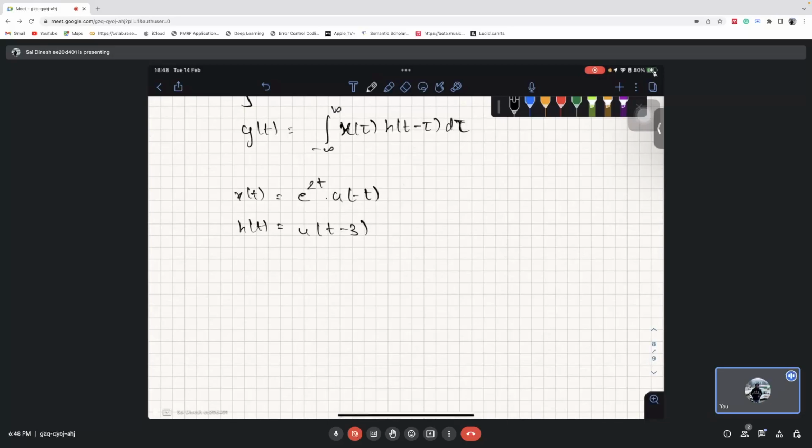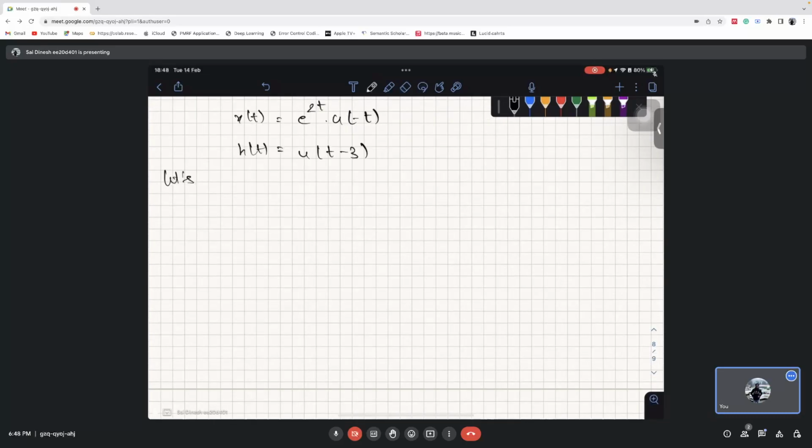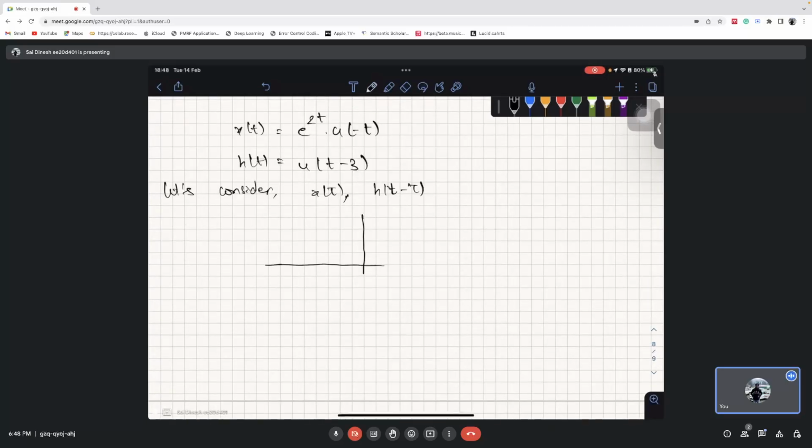So let's consider x of tau and h of t minus tau. So x of tau is of this form.